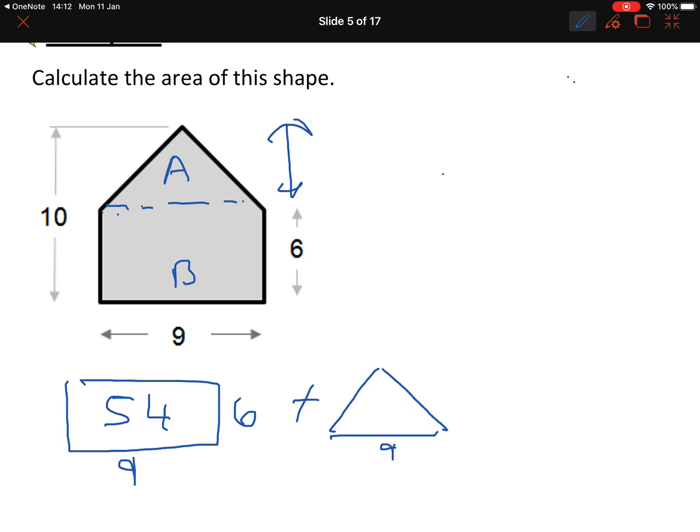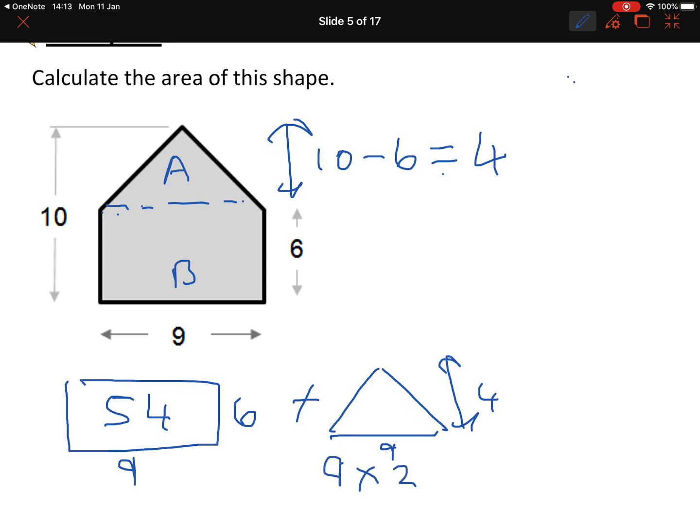So to find the height of the triangle, we need to work out what we need to add to 6 to get to 10. That's 10 take away 6, which gives us 4. So the height of the triangle, which I'll show on the outside, is 4 centimeters.